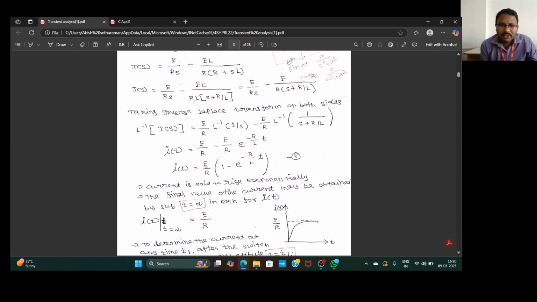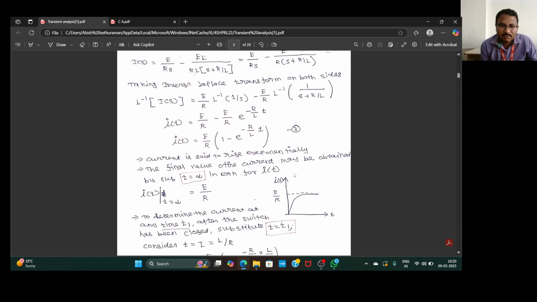Taking E by R outside, I of t equals E by R into 1 minus e power minus R divided by L into t. So this is equation number 3.